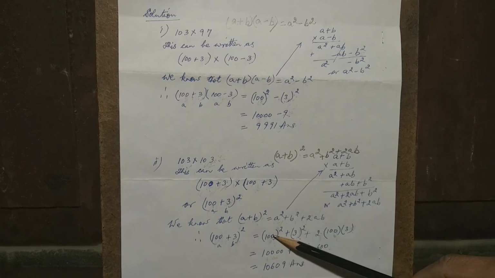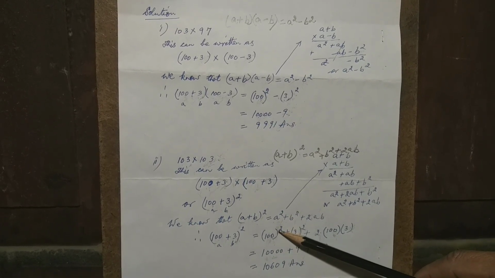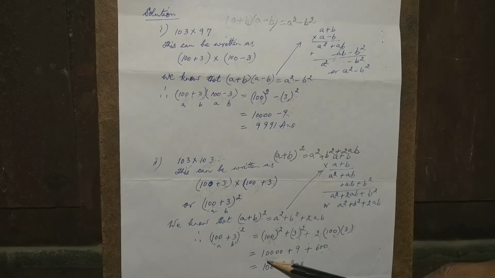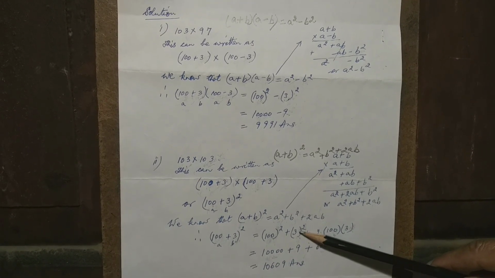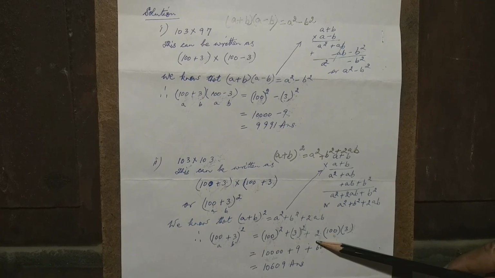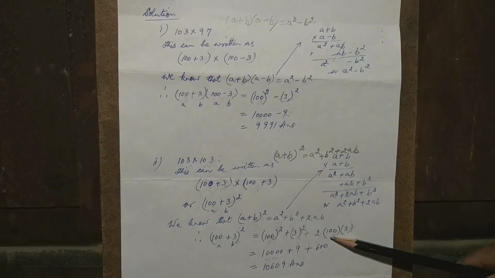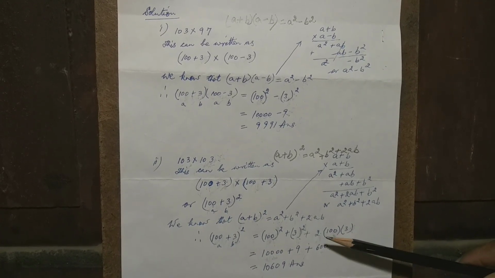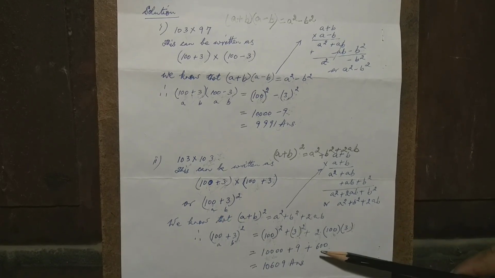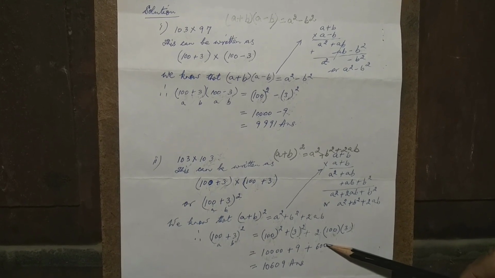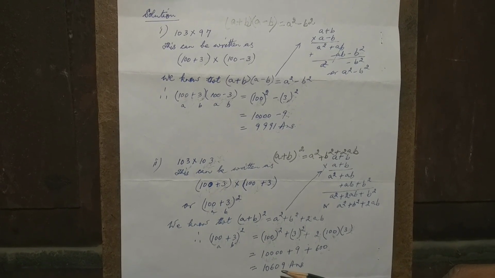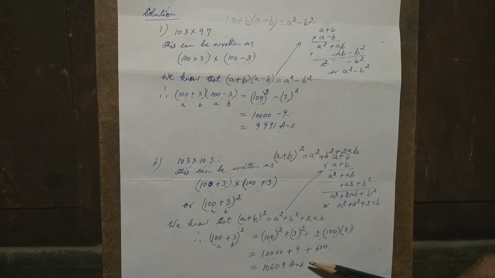So 100 whole square is 100 multiplied by 100 will give us 10,000. 3 whole square is 3 multiplied by 3 will give us 9, and 2 multiplied by 100 gives us 200. Again multiplied by 3 will give us 600. Now adding 10,000 plus 9 plus 600 will give us 10,609 as the answer.